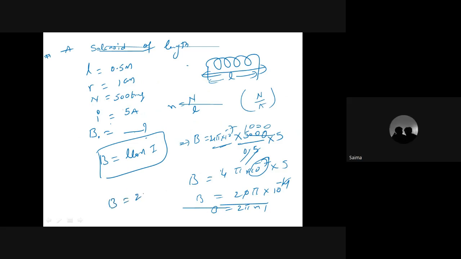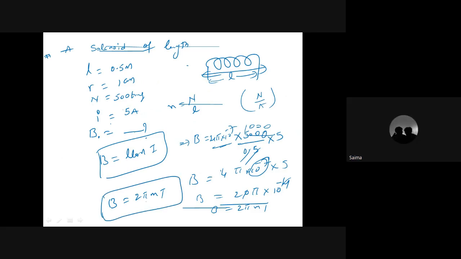So we can leave the answer in terms of pi, or should we substitute? If you want to substitute 2 pi, pi equal to 3.142, right? How much will it become?